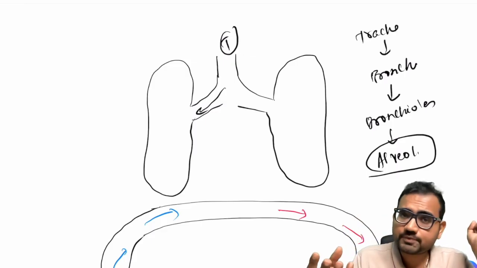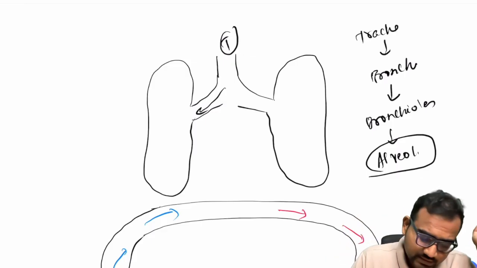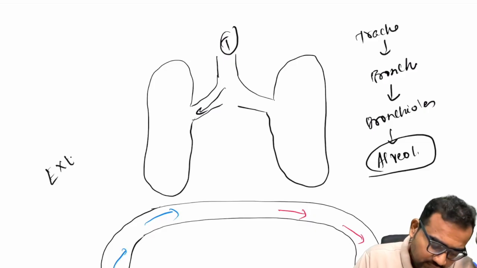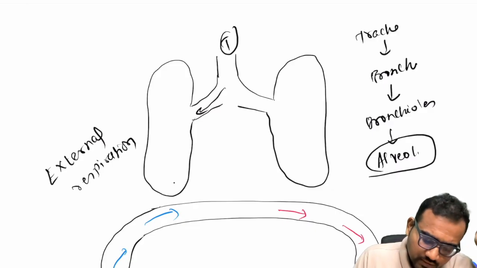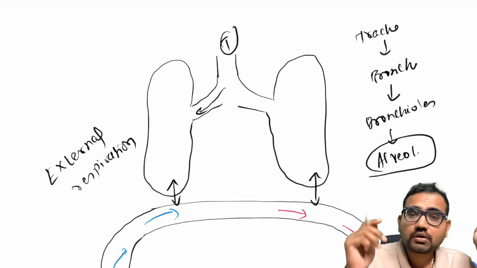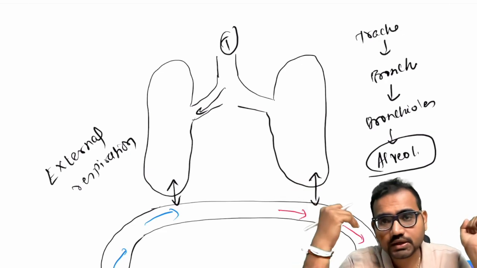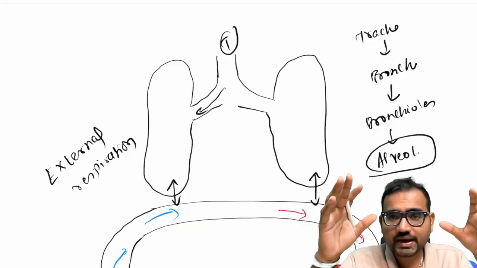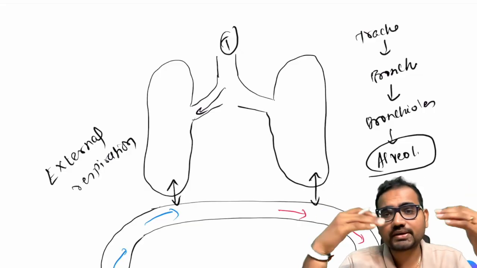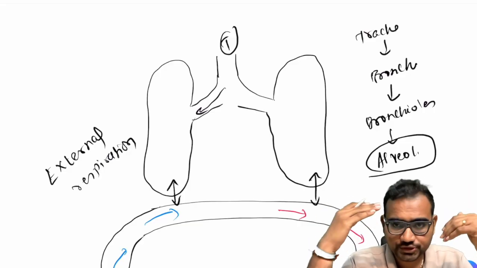So there are four types of respiration basically. One is external respiration. External respiration is the passage of the gas, that is the oxygen from the lungs and carbon dioxide from the bloodstream. So the passage of the gas between the bloodstream and the lungs is called external respiration.